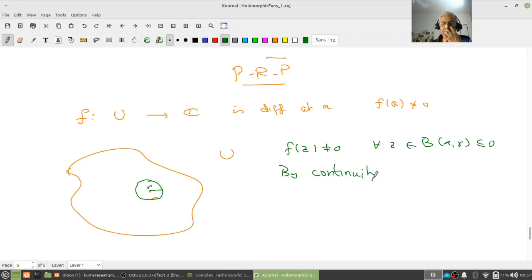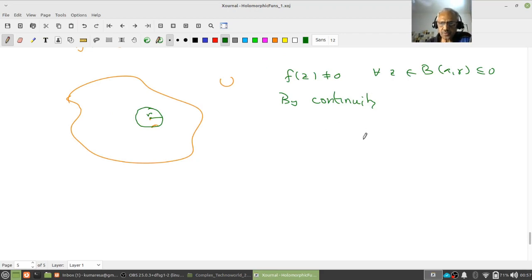I hope all of you know how to prove all such things. This is just a metric space thing, which you must learn in real analysis and again in metric spaces.